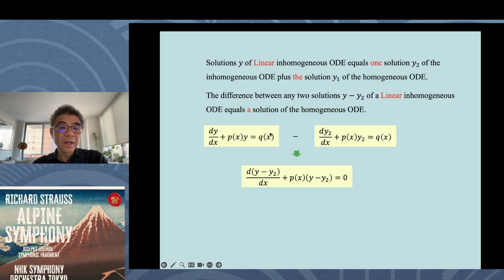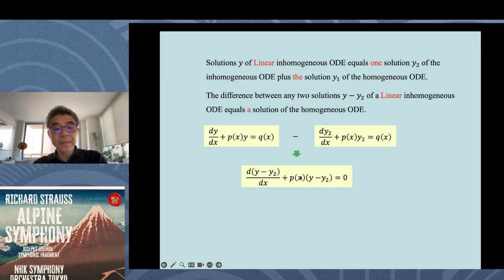It's simple. y satisfies the inhomogeneous version. y2 also satisfies the inhomogeneous version. If you take the difference between the two equations, the right-hand side will cancel right away and equal 0. The left-hand side, dy/dx minus dy2/dx, could be written as d(y minus y2)/dx.